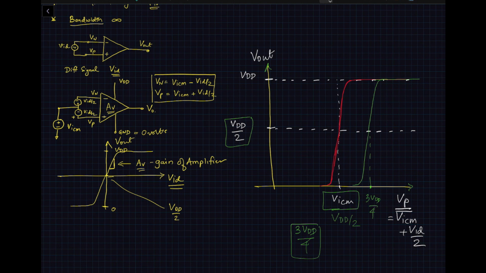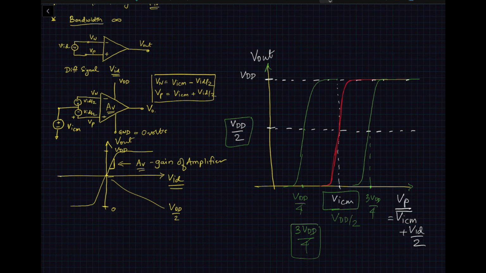And in case we choose a different Vicm value over here, let's say VDD divided by 4, then you would also see transfer characteristics that look something like this. Let me redo that. Something like this.